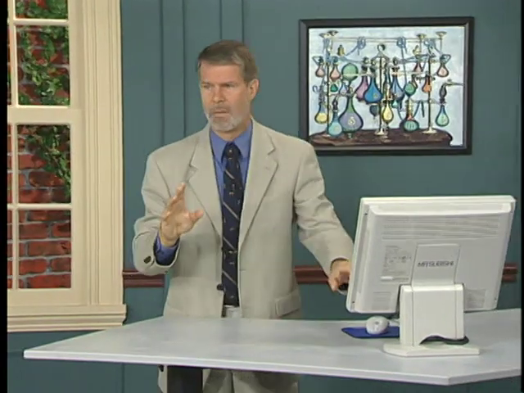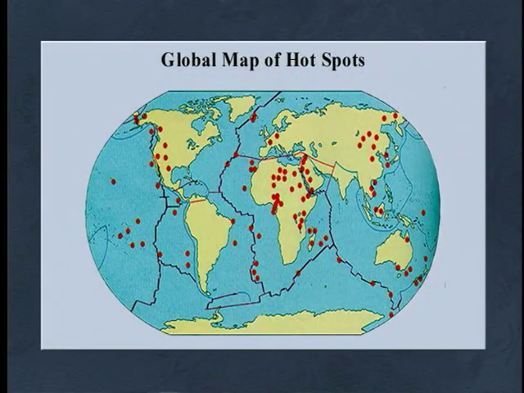It turns out these areas are called hotspots. They're found all over the globe. There are perhaps 100 of them worldwide. You can see from this map that many hotspots are nowhere near plate boundaries. And here we have to invoke a different kind of mantle convection involving narrow plumes of hot, rising magma. That's what produces these volcanic hotspots.